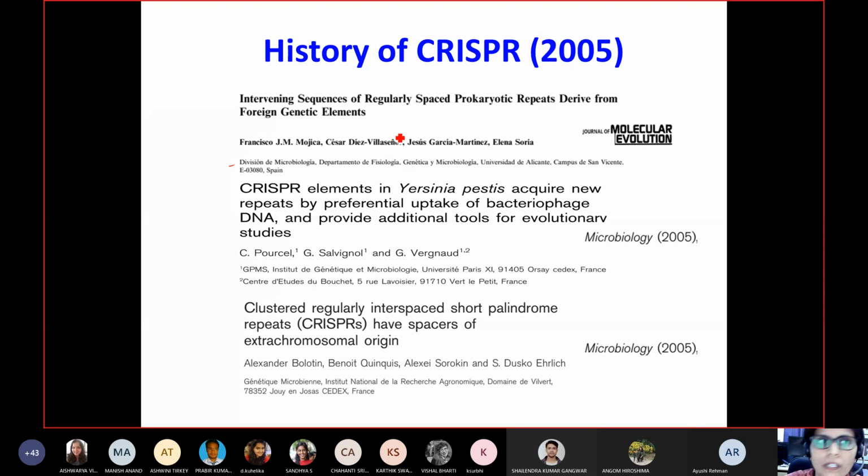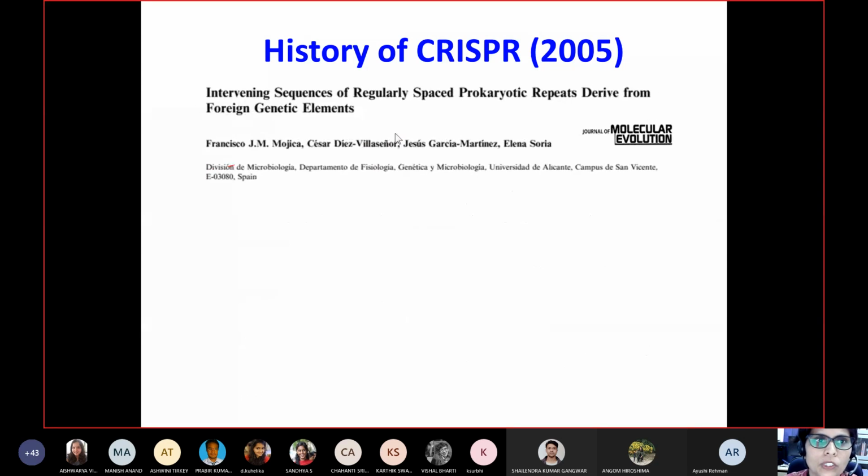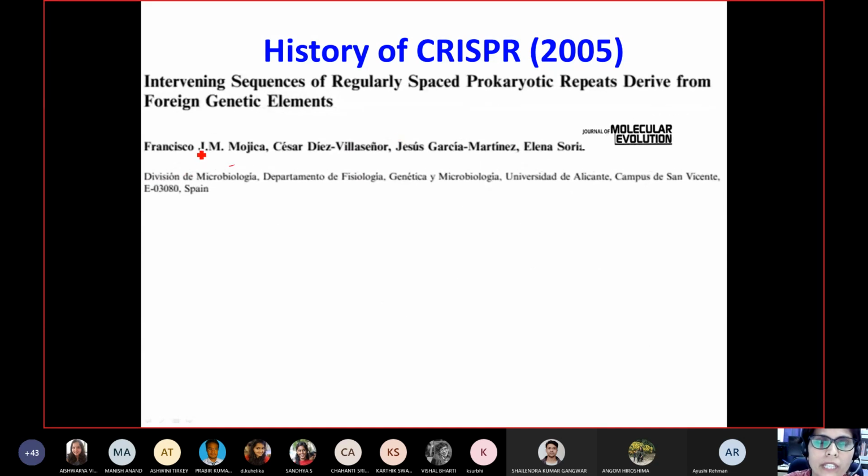In this paper from Francisco Mojica, they found that many bacterial and archaeal species had CRISPR arrays present. They also observed that bacteria and archaea carrying CRISPR spacers matching a phage could not be infected by that bacteriophage.